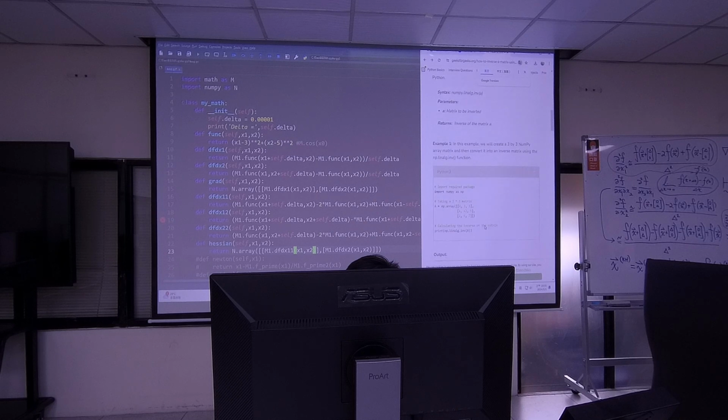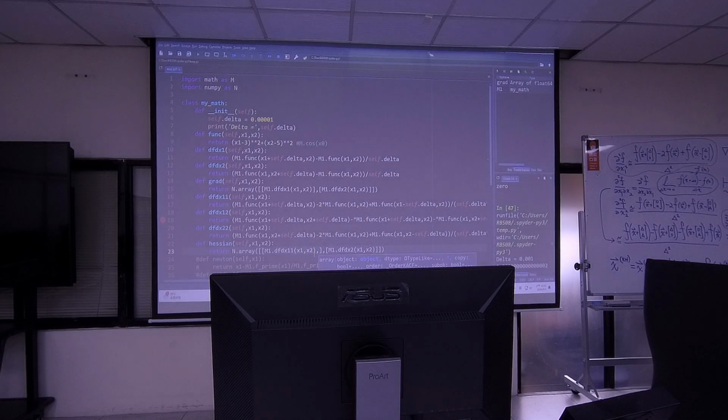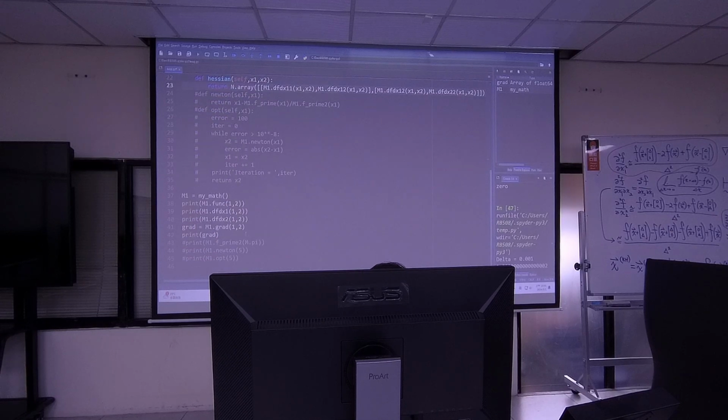The NumPy matrix. Okay, comma here. So the 1 1 term and then the 1 2 term. Over here, the 1 2 term again, and then the 2 2 term. So over here, the 2 2 term. Okay, that's Hessian.